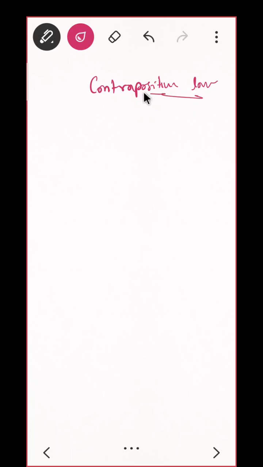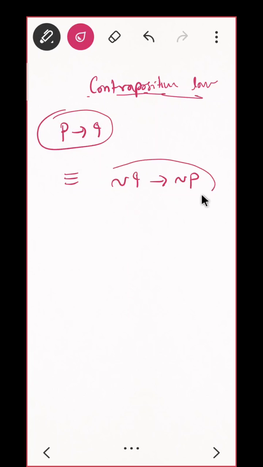What is that law? P implies Q is the same as negation Q implies negation P. This is your contrapositive law. You can check it in that book, that table. The last line will be this only.